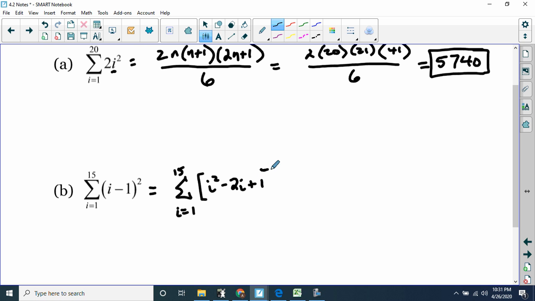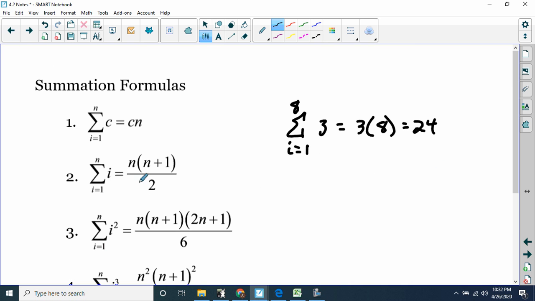If you're not sure, go ahead and write it out twice and FOIL it. I squared, we should be able to replace with the I squared formula, which is n plus 1, 2n plus 1, all over 6. Then we've got minus 2 times I. I we can replace with the formula for I, n plus 1 over 2.